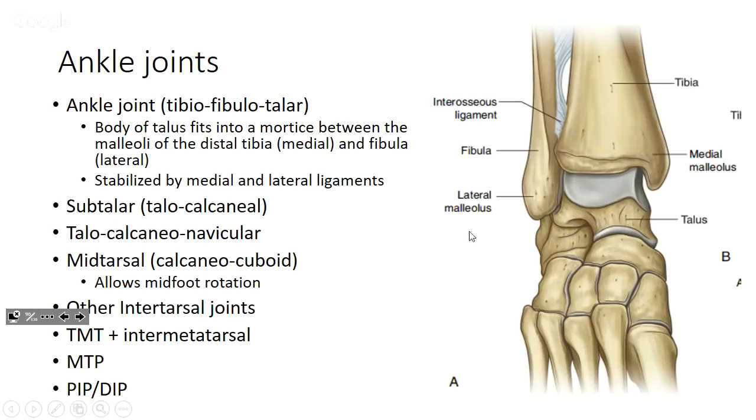And then there's the talocalcaneonavicular joint, which is also what they call, I think, the subtalar joint. So it's this bone and this bone articulating together. And then you've got the mid-tarsal joint, which is between the calcaneus and the cuboid, and that allows mid-foot rotation. And then there are all the other joints, which are, I guess, not as important. Just think of what happens in the hand. It's quite similar.